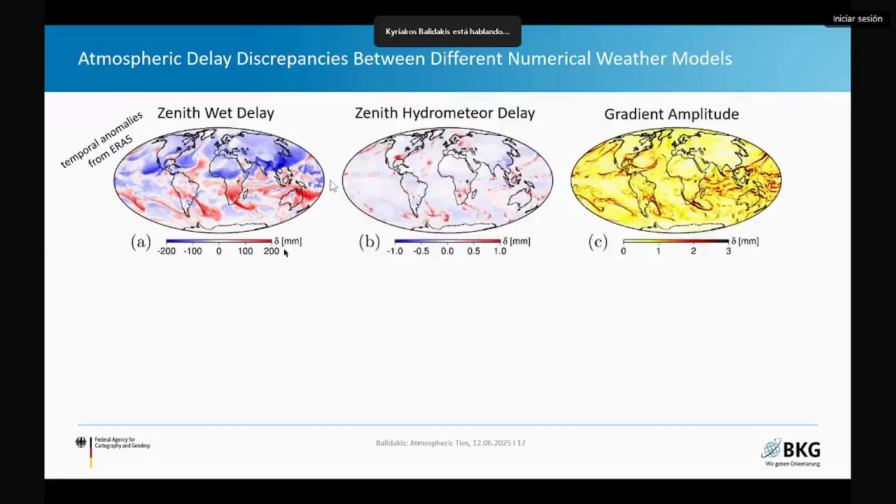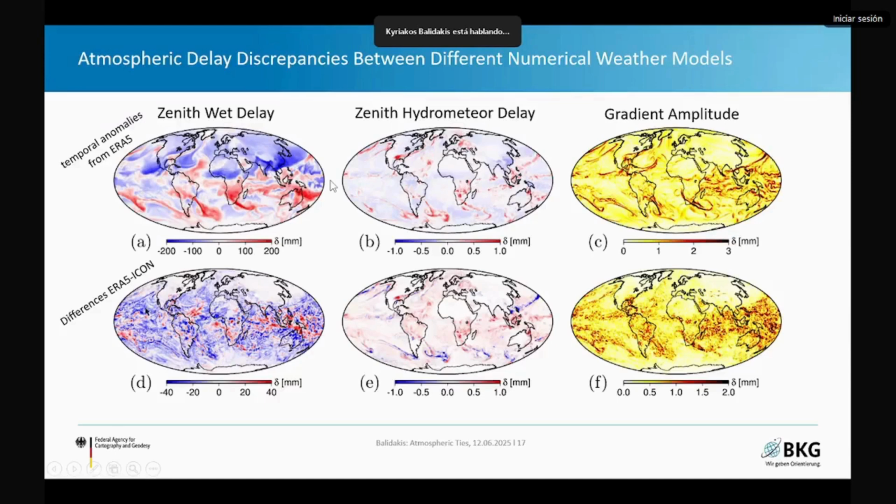And then we also have some other components of the delay. We have the hydrometeors, and then we have the gradient amplitude. If you take two state-of-the-art models, that's what I did here. I took ERA5 and also ICON. ICON is a model with a spatial resolution of 13 kilometers globally, very accurate, state-of-the-art.